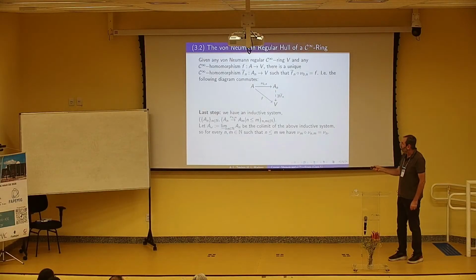E a etapa final é observar que esse se torna um cocone sobre a base dos A_n. O colimite é o cocone inicial, então vai ter uma flecha única do colimite dos A_n para o V. Essa seria a extensão final.